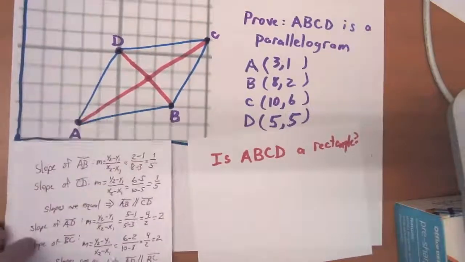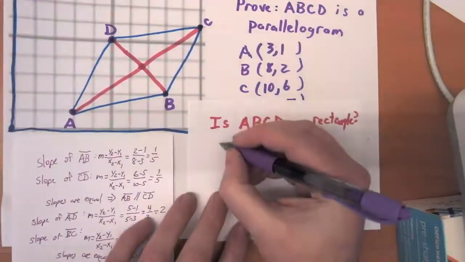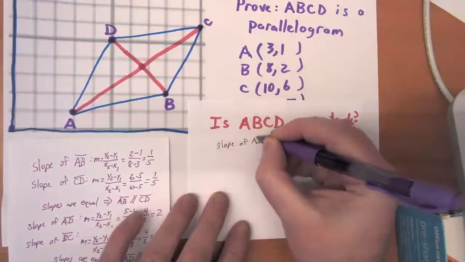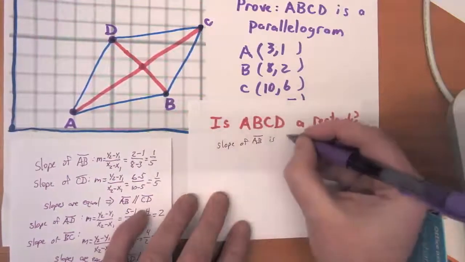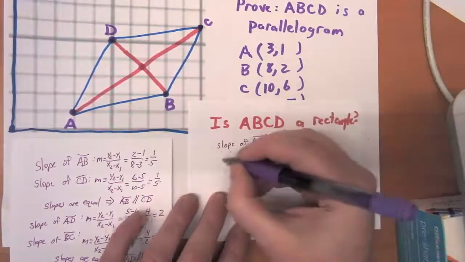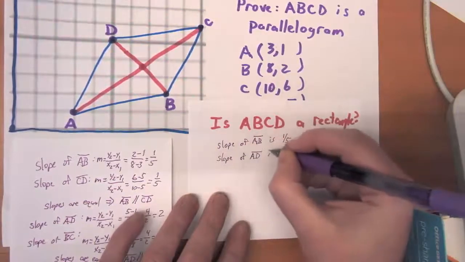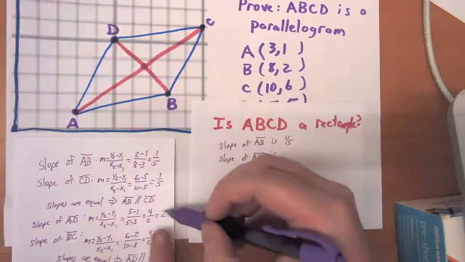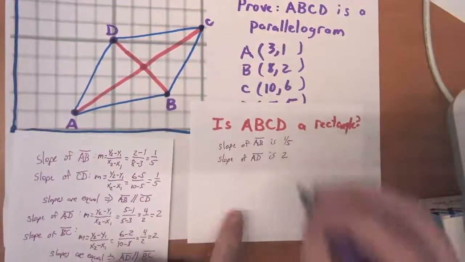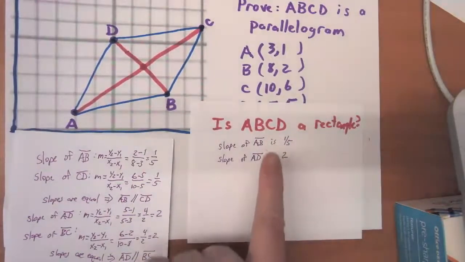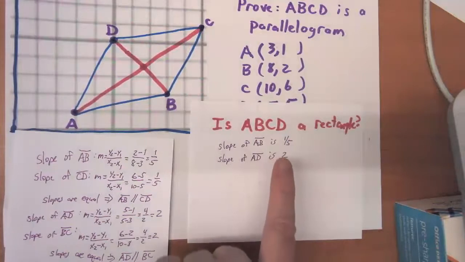The slope of AB, we showed, was 1 over 5, and the slope of AD is 2. Can these be the slopes of perpendicular sides? Well, no, because perpendicular sides have slopes that are negative reciprocals of each other.